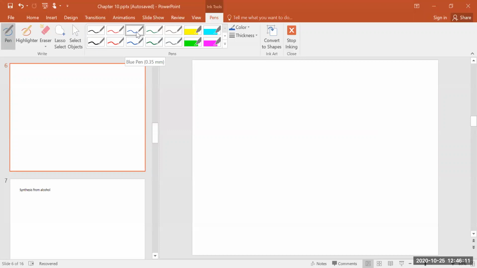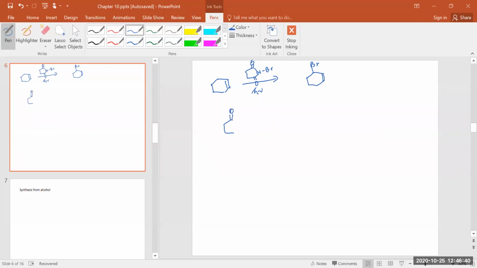So if you take cyclohexene and N-bromosuccinimide, then one of the hydrogens will be replaced by bromine. So the mechanism is first the free radical formation of succinimide.